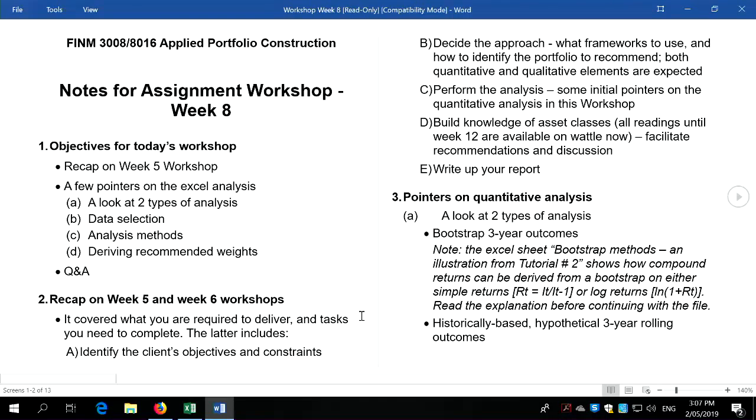Okay, now we're going to talk about the assignment. Before the session break, we talked about the general approach of doing the assignment and where you may start.